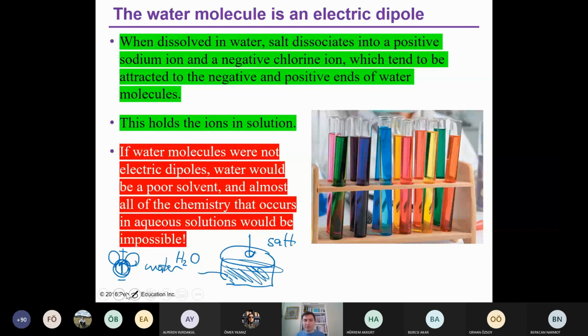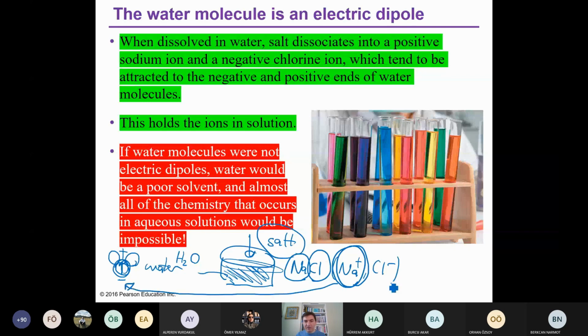What about the salt? Salt is sodium chloride, right? Sodium is positively charged and chloride is negatively charged. When sodium chloride dissolves within the water, the positively charged sodium ions will come to the negative side of the water.